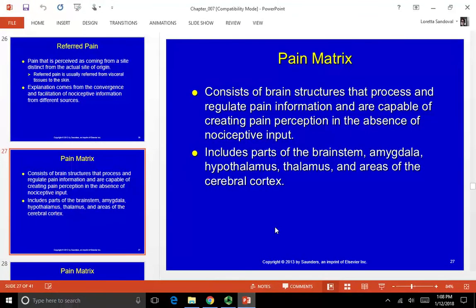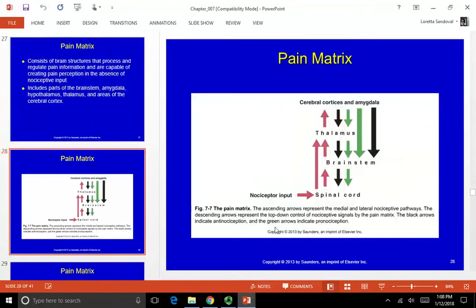So we don't have any A deltas or C fibers telling us anything. The pain matrix is just telling us there's pain. So there are certain chronic pain syndromes, which we will talk about a little bit more, such as fibromyalgia, that create pain in the absence of nociceptive input, which is kind of not fair.